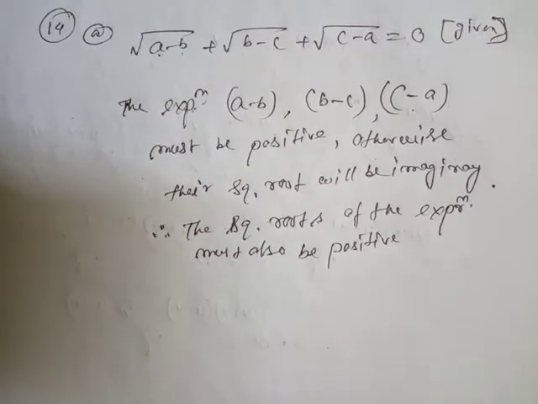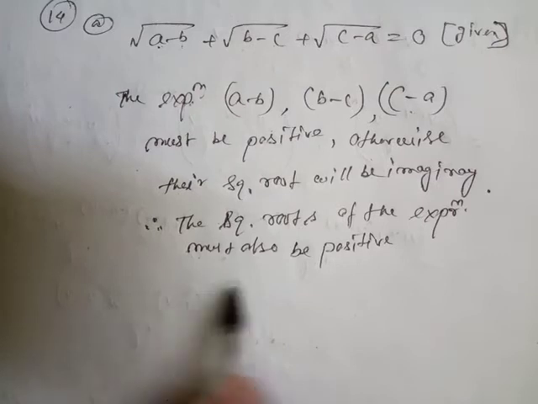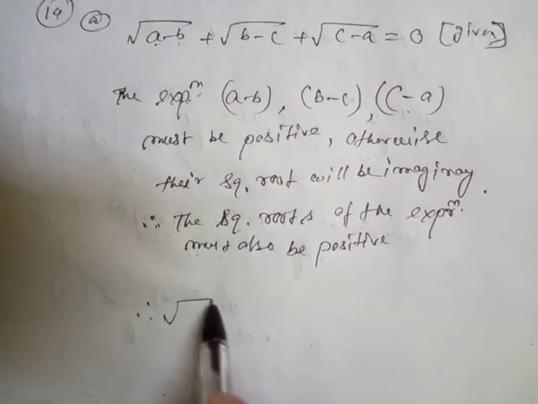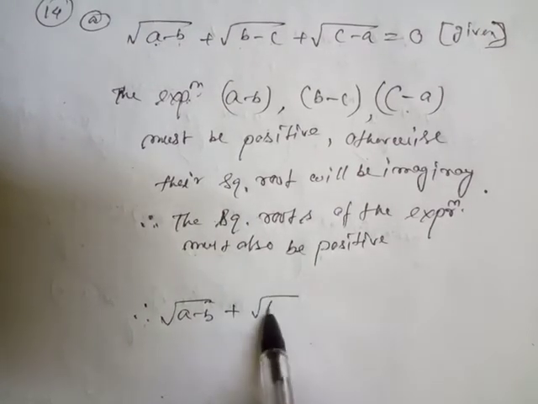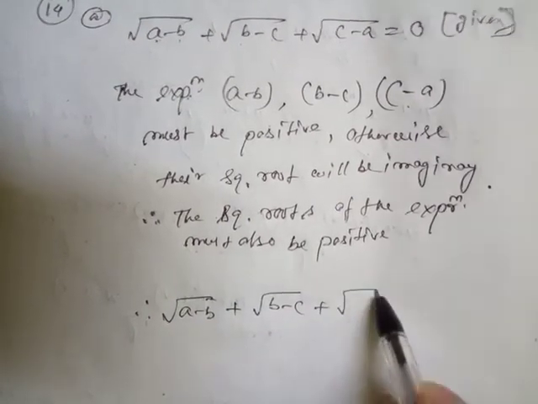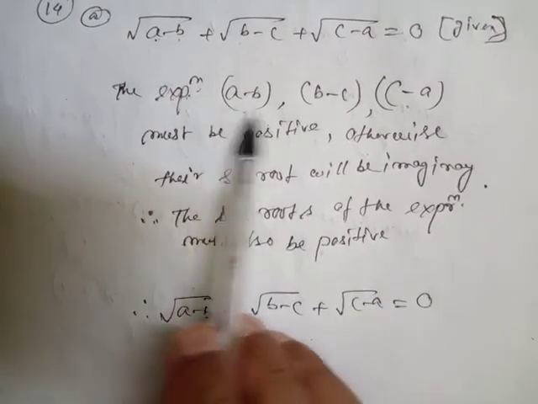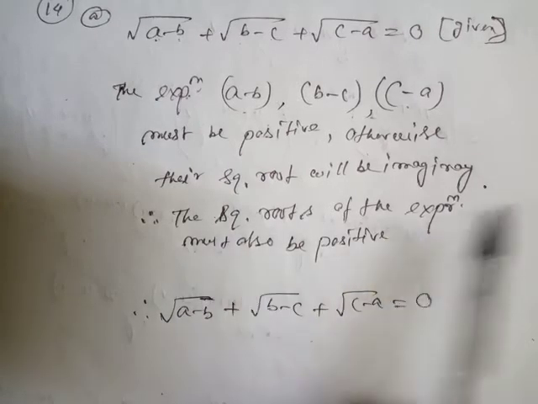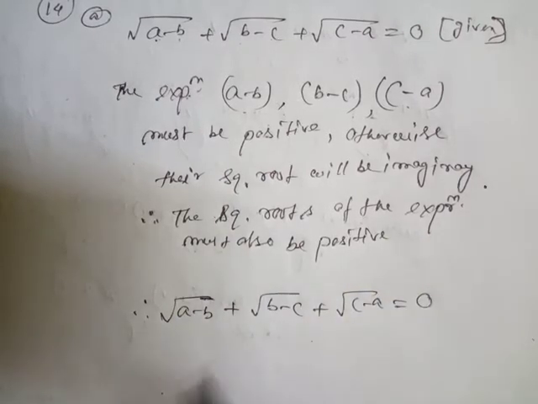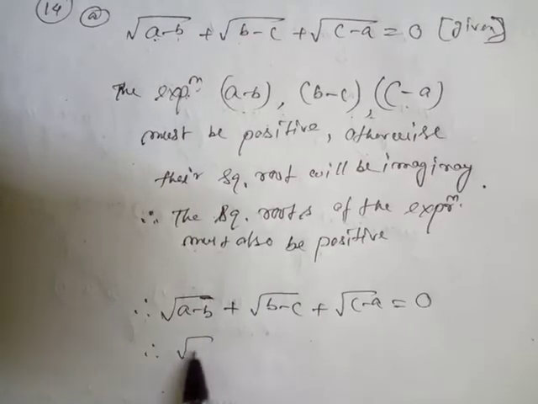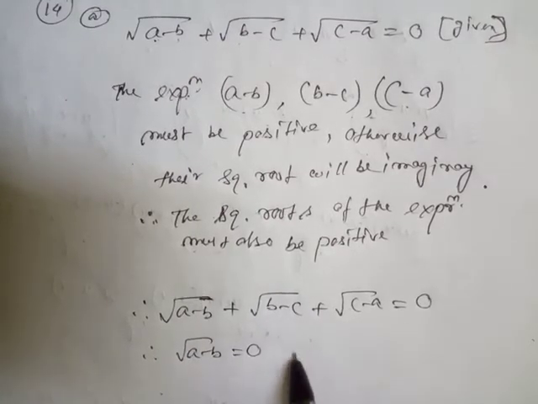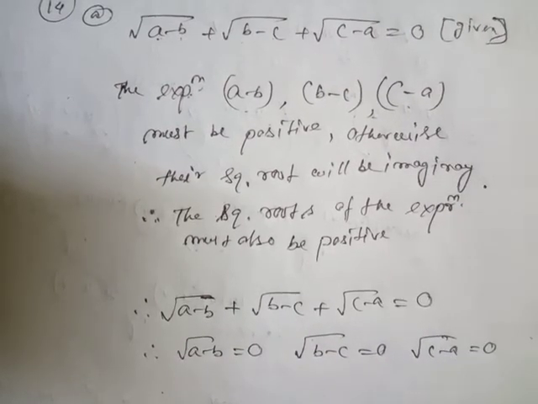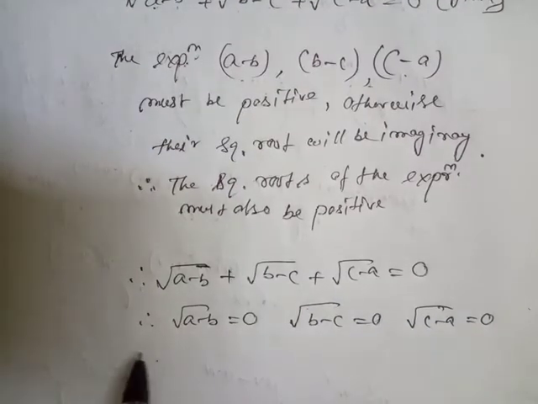Now look, after that student, therefore their sum, which means root over a minus b plus root over b minus c plus root over c minus a equal to 0. Their whole sum is 0, and each square root value is positive. Therefore we can say that root over a minus b equal to 0, root over b minus c equal to 0, and root over c minus a equal to 0. Why? I have to write one sentence here.